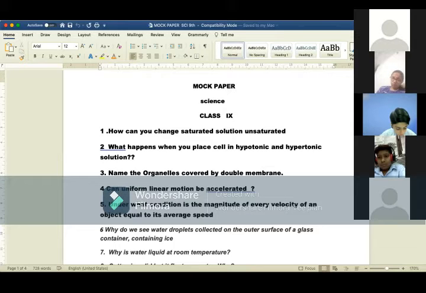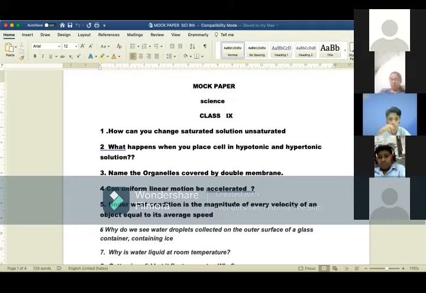Ma'am, in hypotonic solution, the water concentration of the surroundings is more than in the inner part of the cell. So by the process of osmosis, the water will come into the cell. Good. The cell will gain size and so it will swell up.